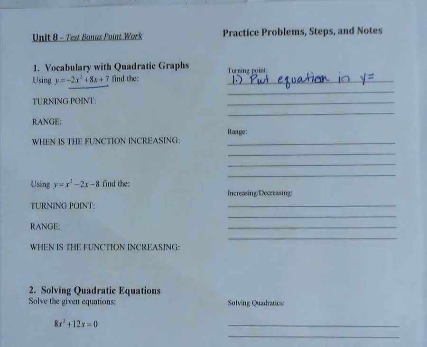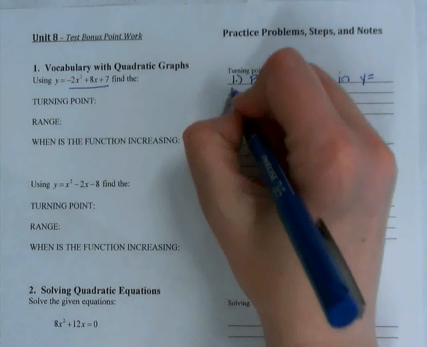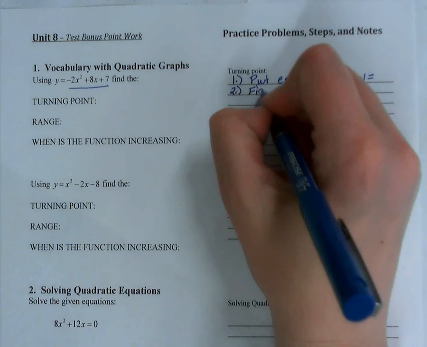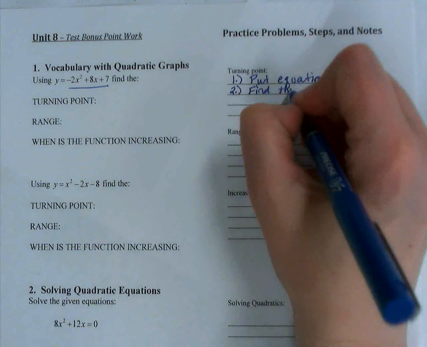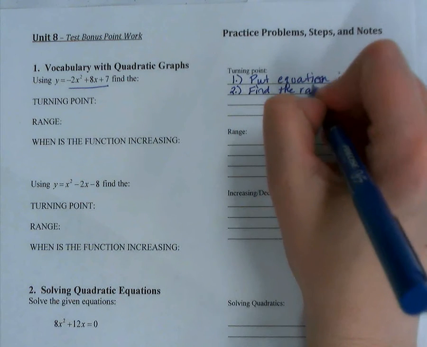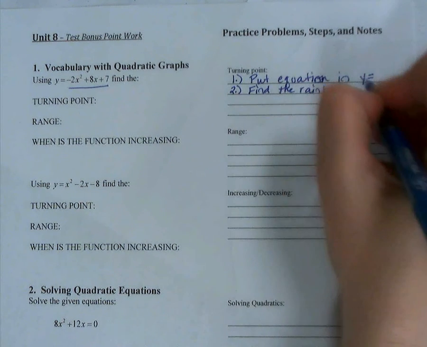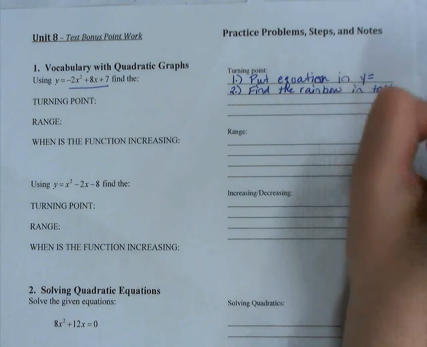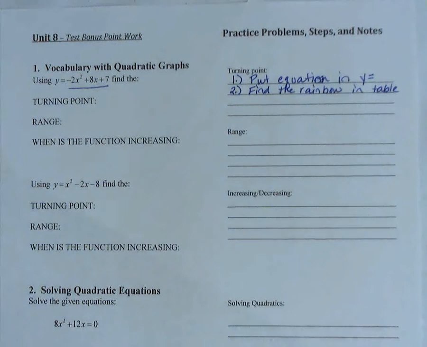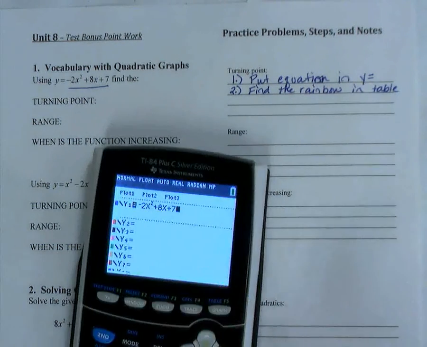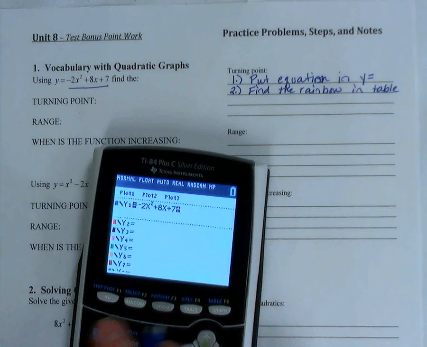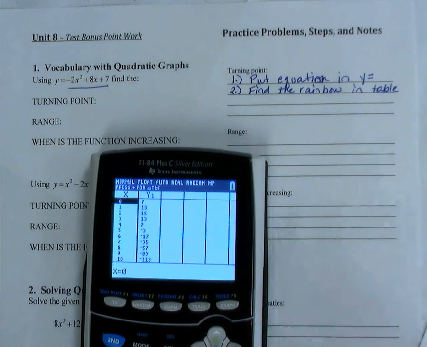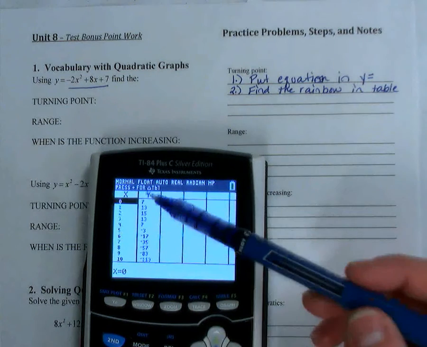Okay? The next thing you want to do is go to your table and find the rainbow. If you remember, to get to your table, you want to hit second graph. Okay, so I'm going to start scrolling through this.